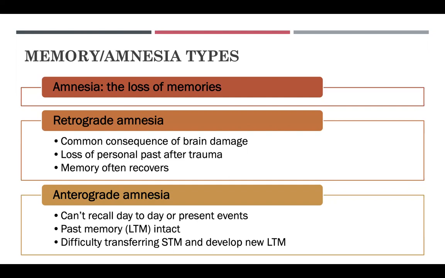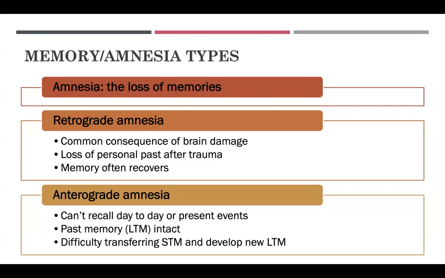An example of retrograde amnesia is you were in a car accident and you don't remember what happened before the accident, but you can remember day-to-day events after the accident. In this case, your long-term memory could be damaged and your short-term memory and/or working memory is still intact.